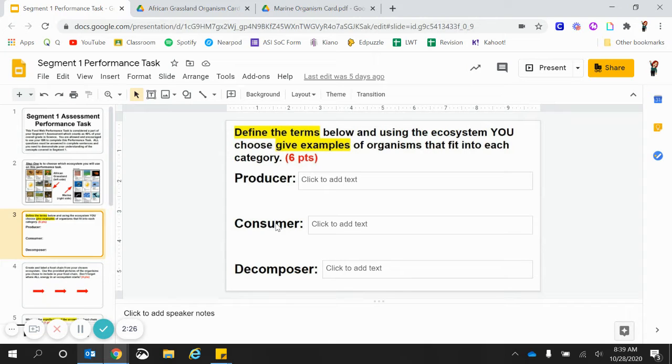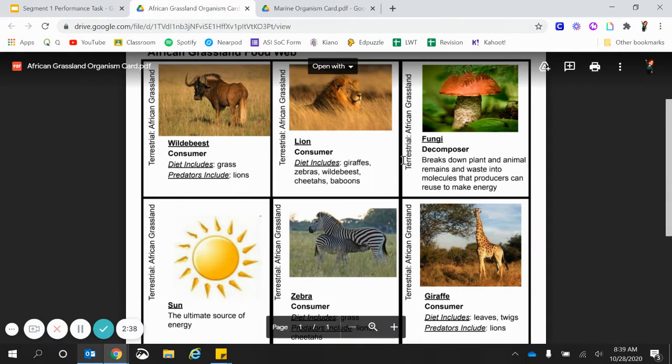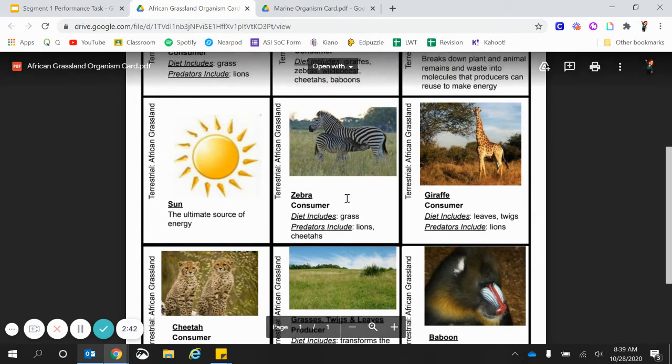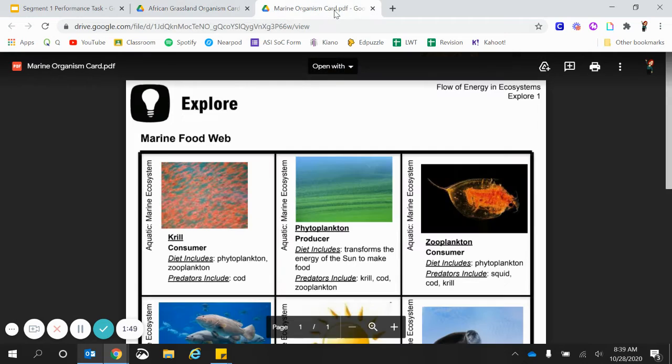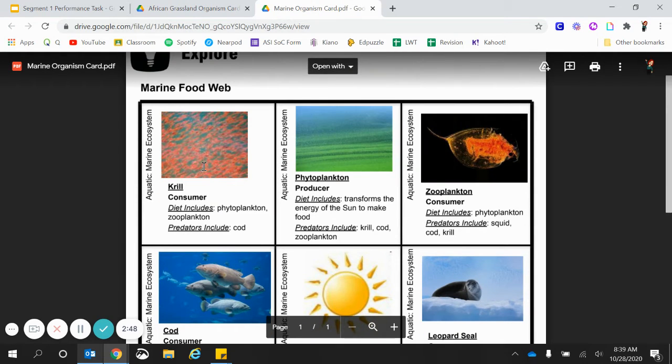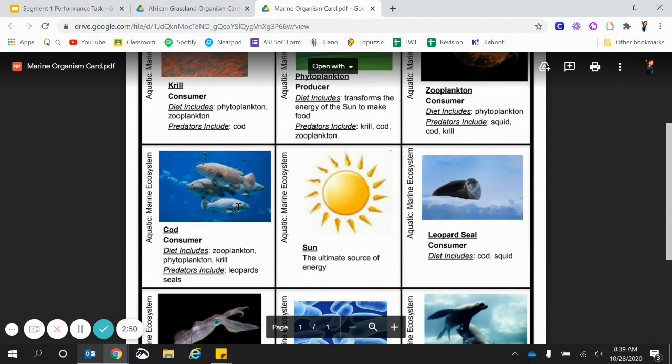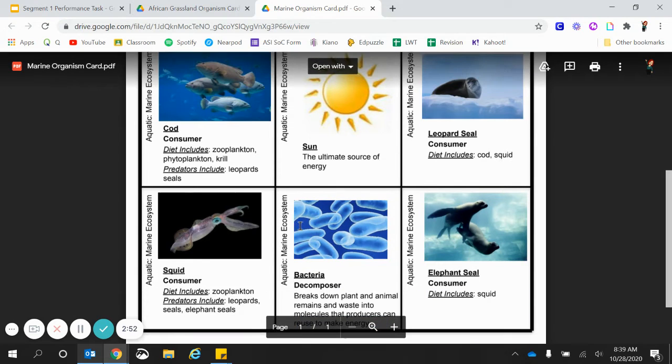So somebody like humans, we buy things. That's also a consumer, but that's not the definition I was looking for. I was looking for an organism that eats another to get energy. In the grassland, you could have done a wildebeest, a lion, a zebra, a giraffe, a cheetah, or a baboon. In the marine, krill, zooplankton, cod, leopard seal, squid, elephant seal.